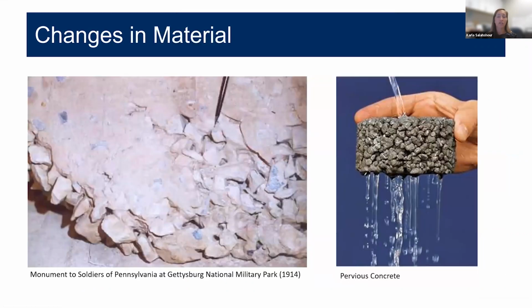So talking again about changes in material, the picture on the left is a chunk of the concrete structural slab at the Pennsylvania Monument at Gettysburg. It was constructed in 1914. What's really interesting is that the concrete was so lean in this era that it was essentially pervious concrete, which we are actually designing for today, and you can see on the right.